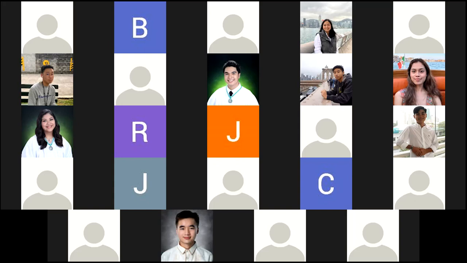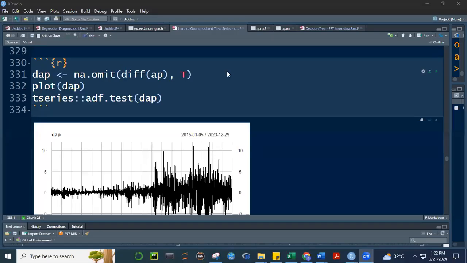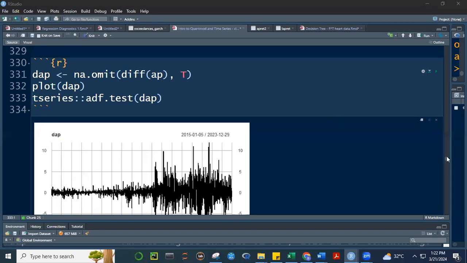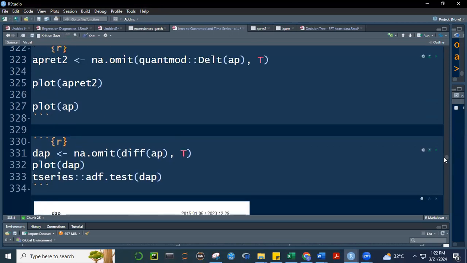Yes. Your screen is not being shared. All right, sandali ah. Okay, this one class, yung difference ng AP. Did you get that or you missed that part? Sige, ulitin ko na lang, no?